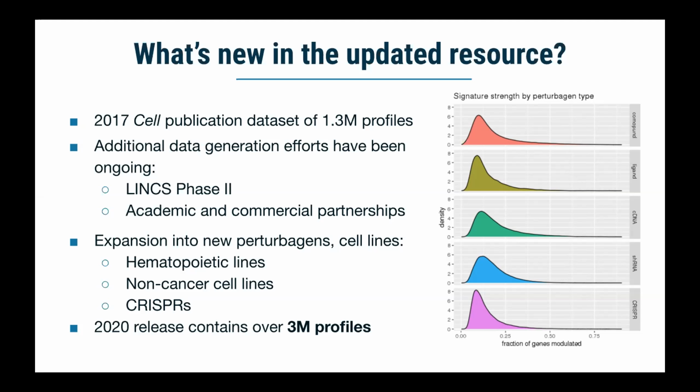And so you can see some differences between the perturbation types. For example, compounds seem to be the strongest modulators. They have the longest tail out to the right, where CRISPRs seem to be a little weaker overall. There's nothing terribly insightful from that, but it just gives you some sense of different patterns that you might see from a large data set like this.